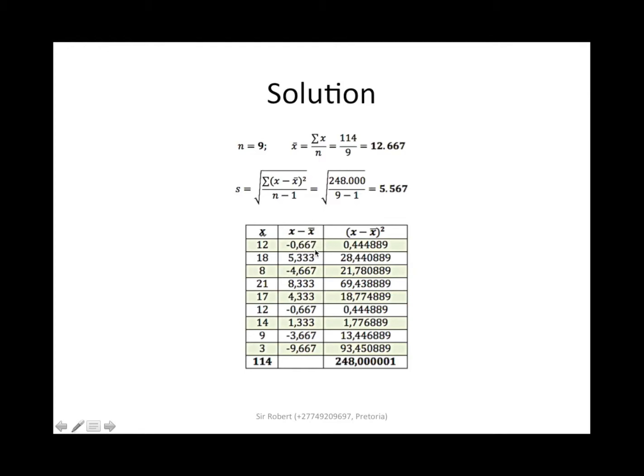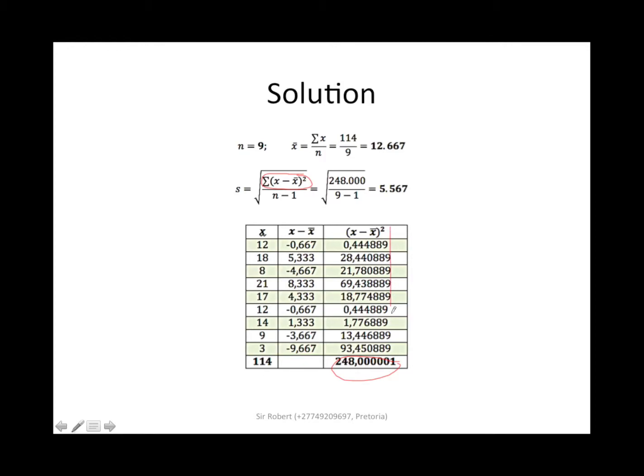Once you get this number, you square it. Minus 0.667 squared, you get this one. 5.333 squared, you get this one. Continue the same thing to get these values, then you add them. Once you add them, this value that you get is your summation of x minus mean squared.